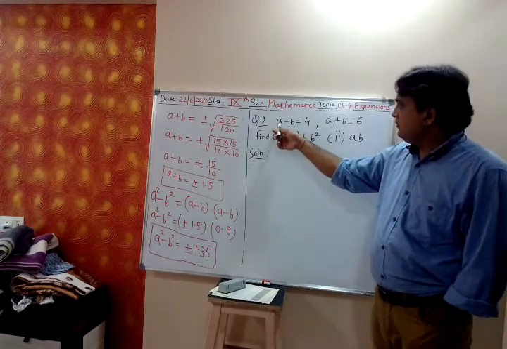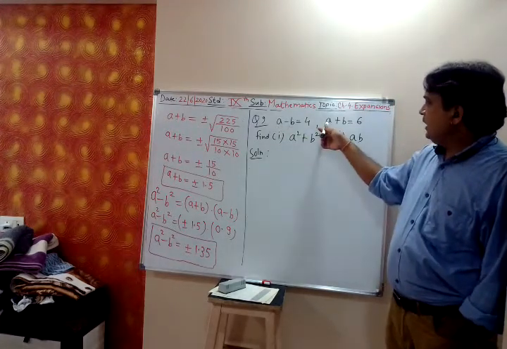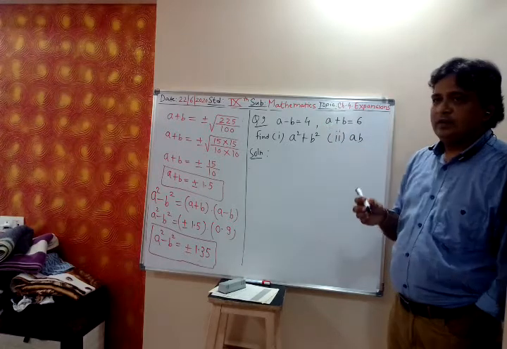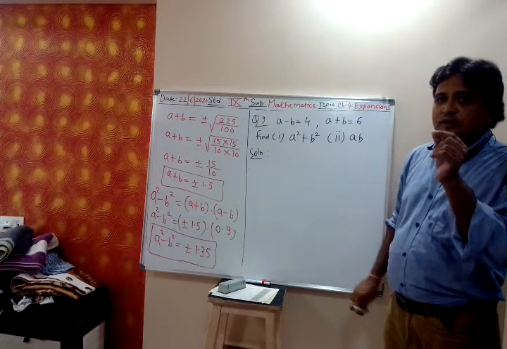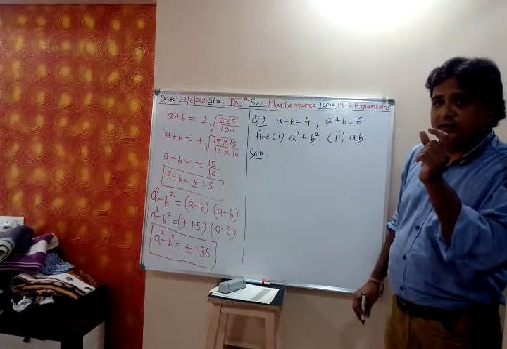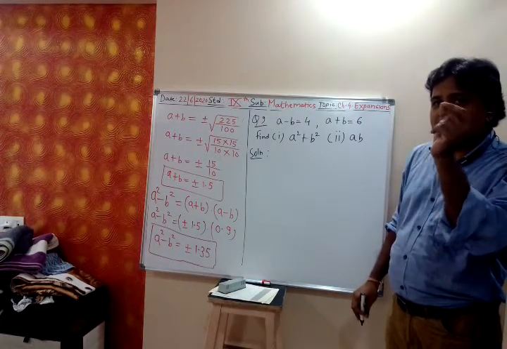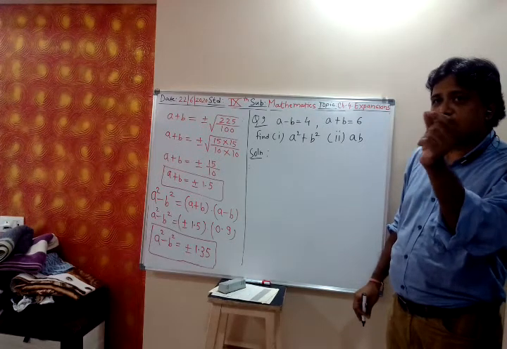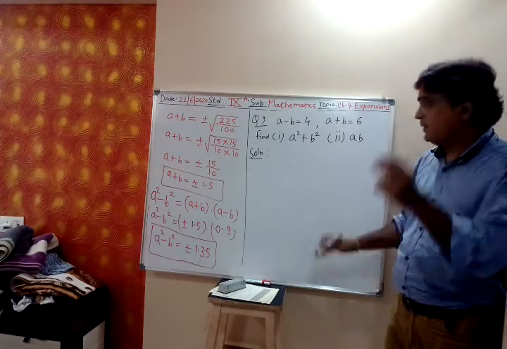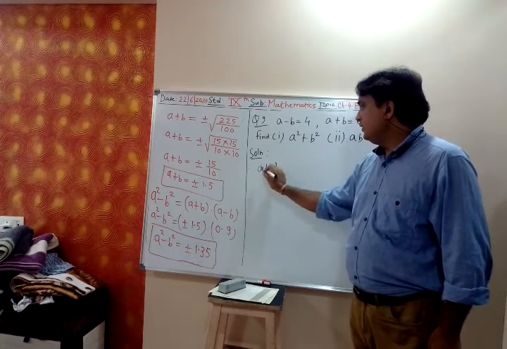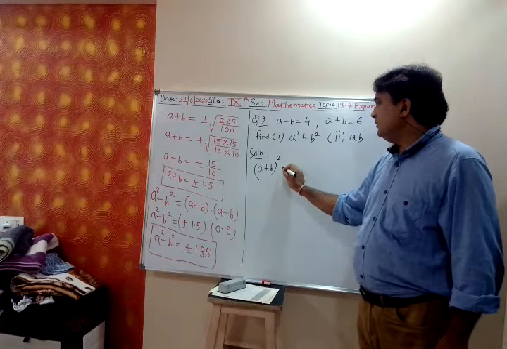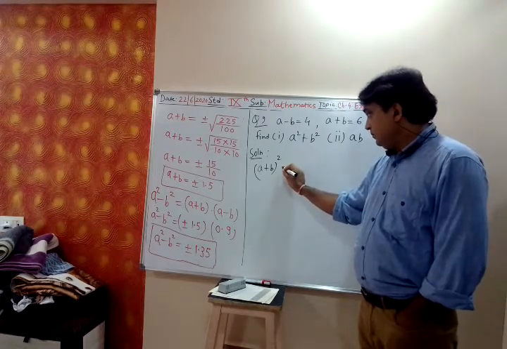In this we are given a minus b and a plus b, and it is asked what is the value of a square plus b square. So in which formula is there a minus b, a plus b and a square plus b square? Third formula, that is a plus b whole square.